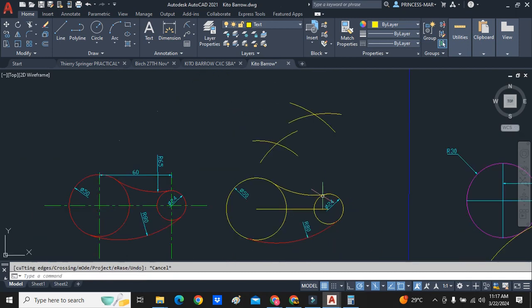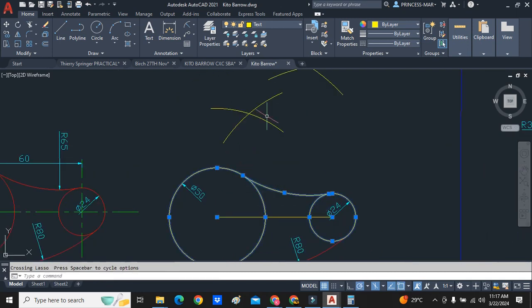Then you'll be able to trim it, and that is how we blend curves. What you will need to do is show the dimensions on all of these arcs here, but that is simply how it is done.